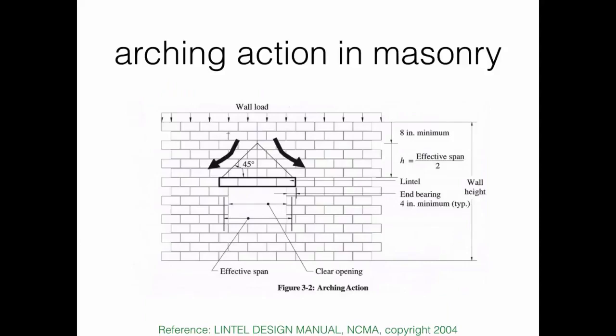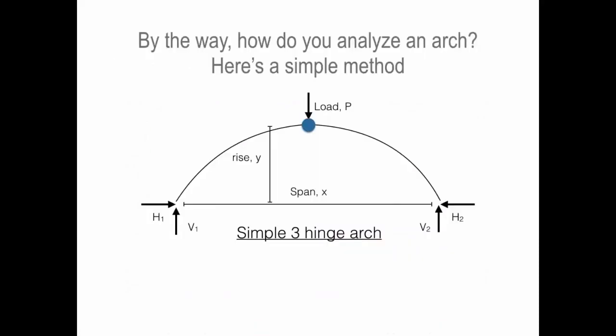And so with arching action, the loads that come down on the wall get distributed by the wall to the elements that go all the way down to the foundation, right? The lintel doesn't have to collect all of the load and then distribute it out to the edge of the openings. That's not the way we have to do a lintel design. It's really simple. A simple 3-hinge arch will show us, if I put a load in the center, right?